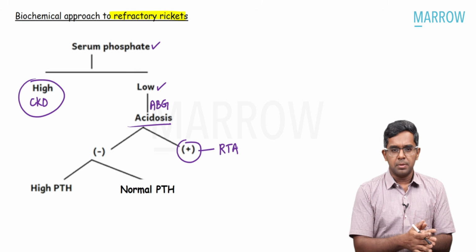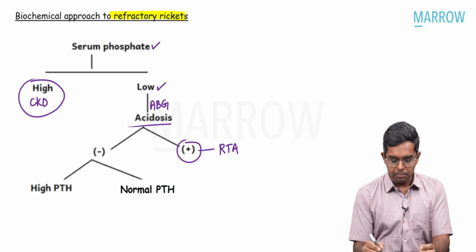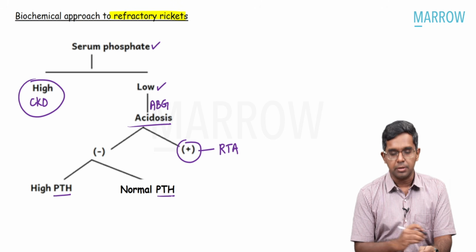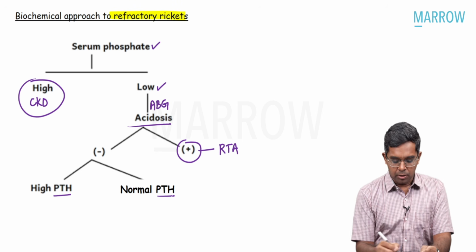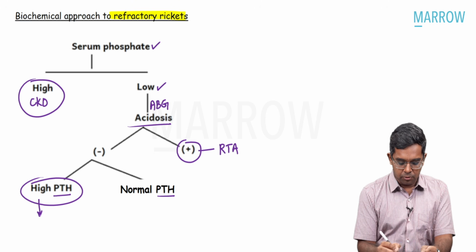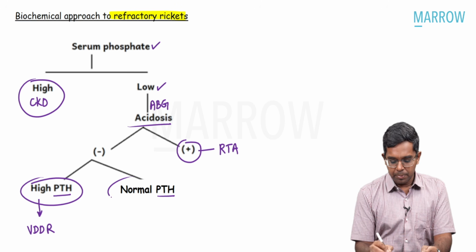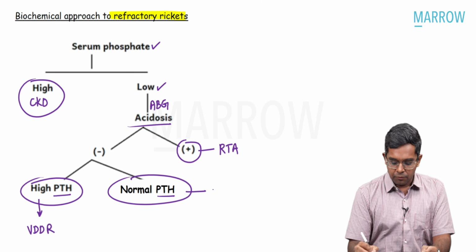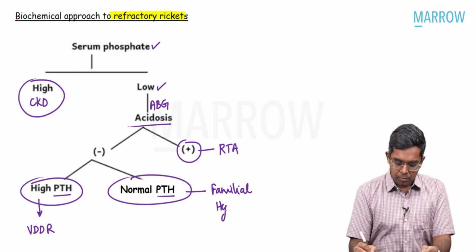If acidosis is not present, then based on the PTH we can try to differentiate. High PTH and normal PTH. High PTH is encountered in situations of vitamin D dependent rickets, and normal PTH is encountered in familial hypophosphatemic rickets.